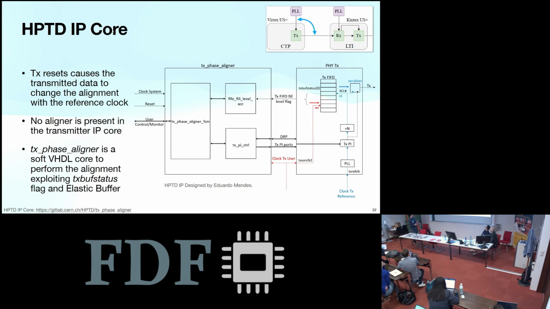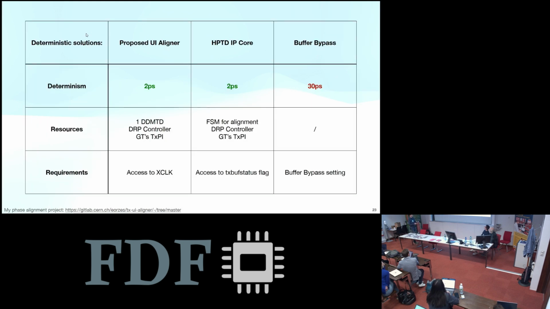So let's see what changes between those solutions. My solution and the HPTD IP core provide the same phase determinism at the end, while the buffer bypass is not good enough. For resources, I need a DDMTD, and the HPTD needs this finite state machine for the alignment, which reads the flag and decides the shift.